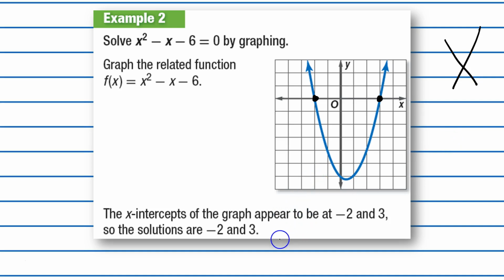And then we have our vertex right here. So it's positive 1/2, and it's going to be down 6 and 1/4, negative 6 1/4, which is right here. So you would have your 3 points right here, and you'd make that curve, which is already drawn for us. And that's it.